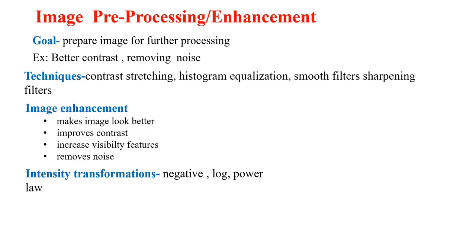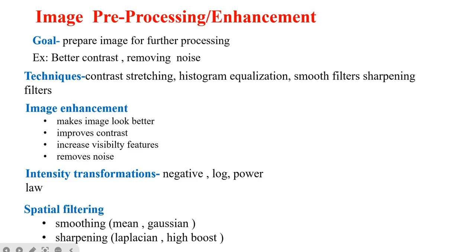These all are the intensity transformations which will modify the intensity or the brightness of each pixel according to a function. Here the negative transformation will invert the pixel values, and the log transformation will enhance the darker regions and compress the brighter regions. Similarly, you have power law, which is also called the gamma transformation, which will adjust the overall brightness and the contrast depending on the value of gamma.